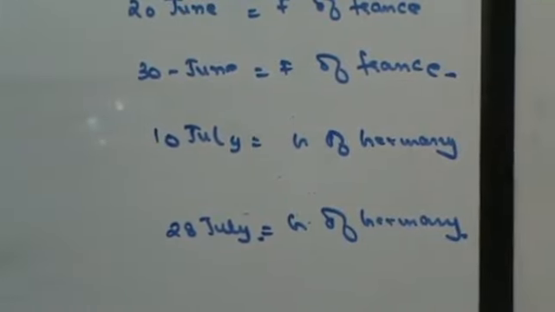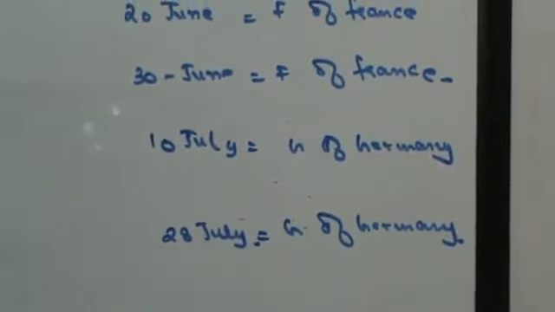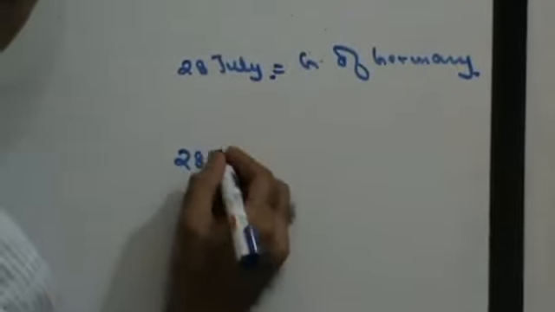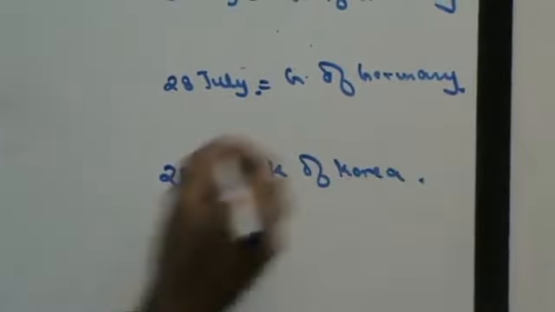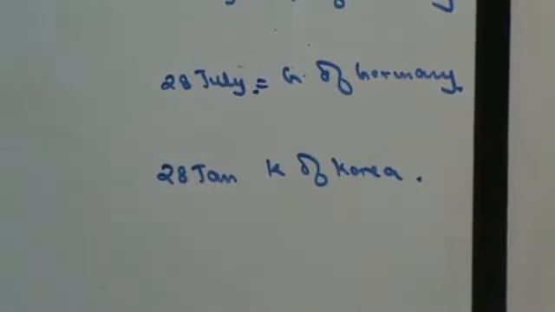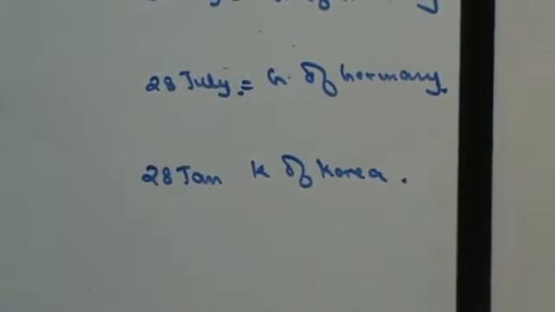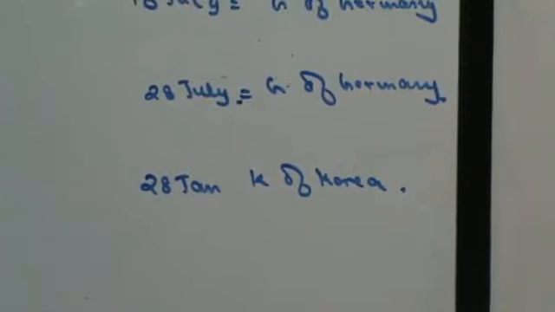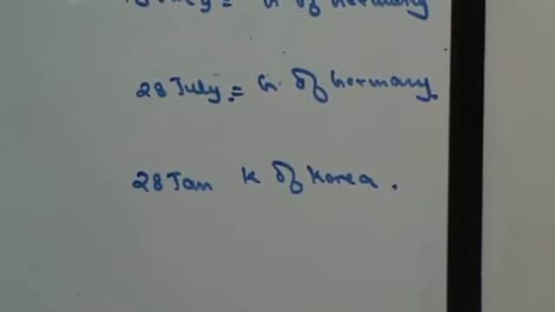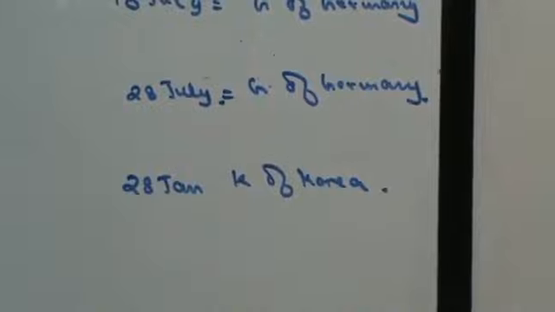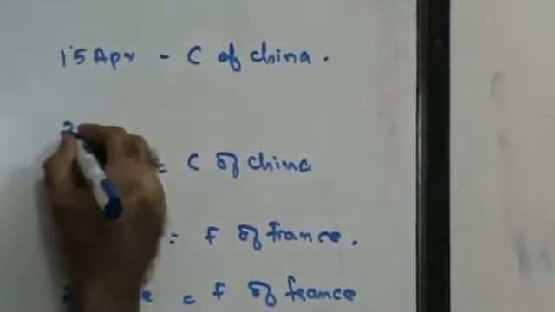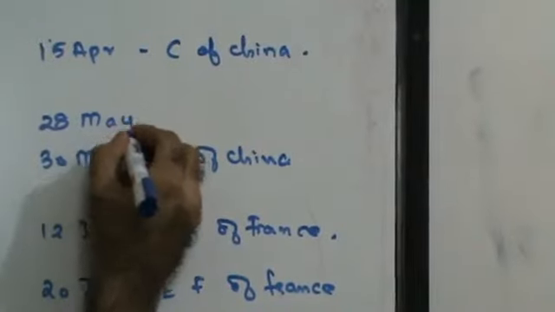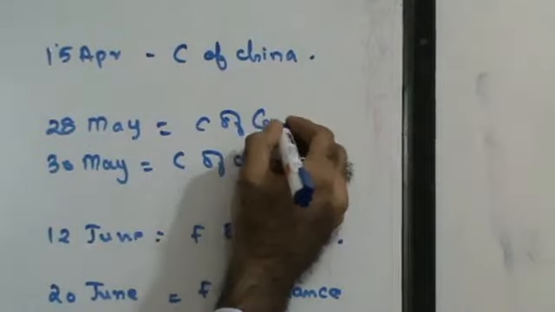Next, on 28th Jan, you have K of Korea. Right? And then next you have on 20th April. So that's next year. Now on 20th May, you have Sea of Canada. 28th May, you have Sea of Canada.